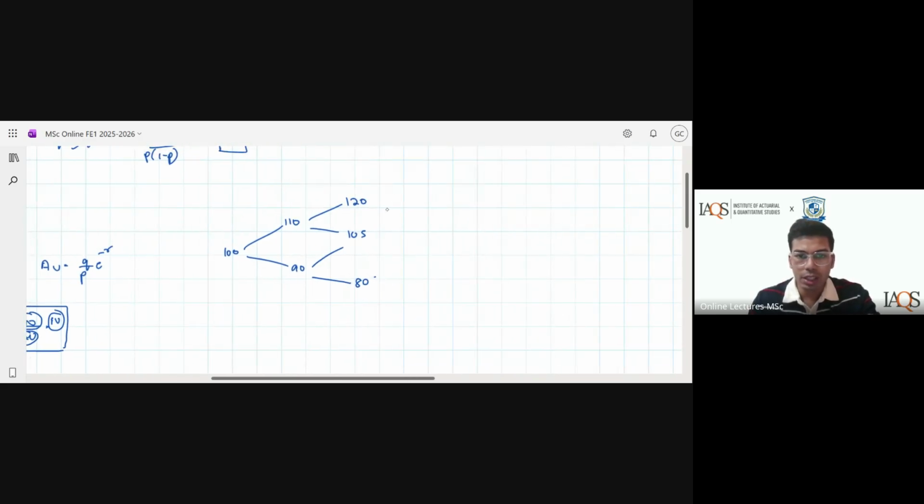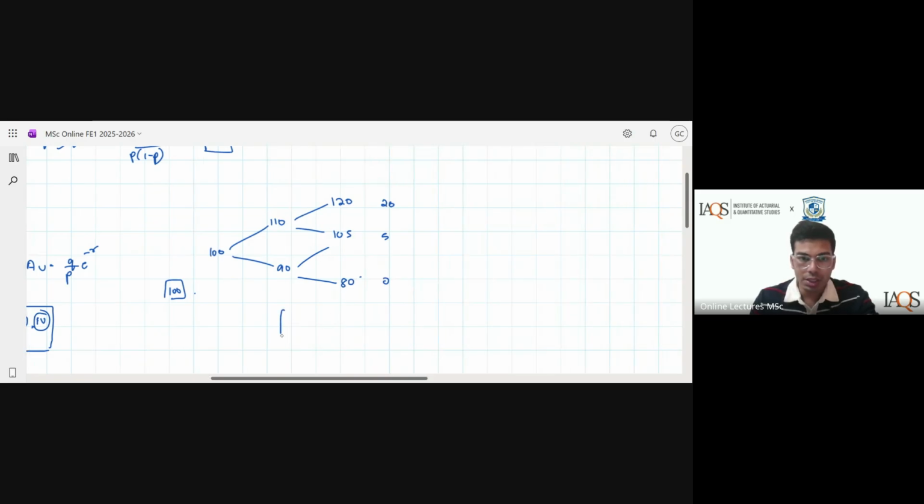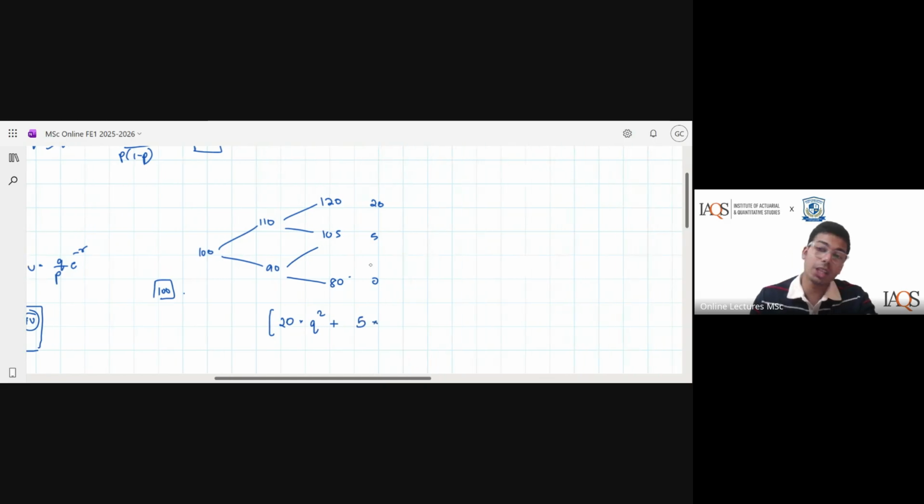Now, let's say I have a 100 rupees call option. So I know I'll have a payoff of 20, a payoff of 5, and a payoff of 0. Now, in this scenario, the price is payoff into probability. The probability for 20 is Q square, plus for this particular part the payoff is 5 into nCx.